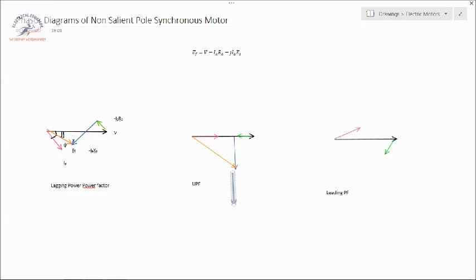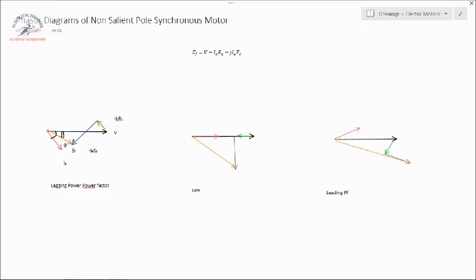So observe this vector carefully. The position of this vector is something like this. Okay, and from this we have to draw vector V and vector E, and this resultant vector Ef will be from the starting point of V to the end point of E. So draw these vectors properly.